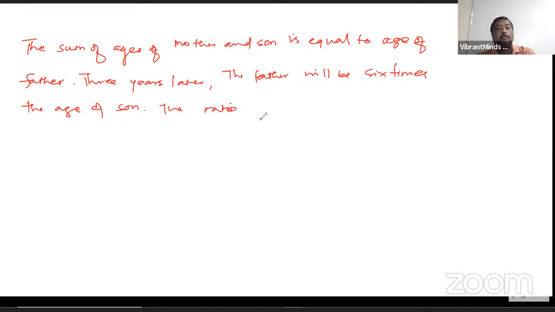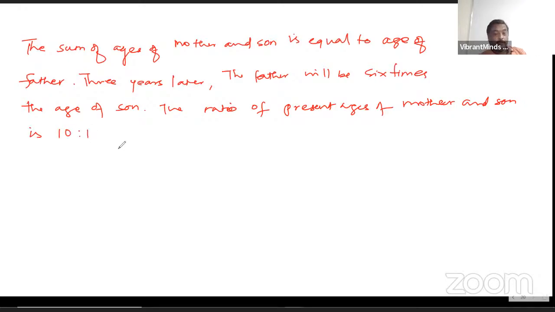The ratio of present ages of mother and son is 10:1. Find the age of father.